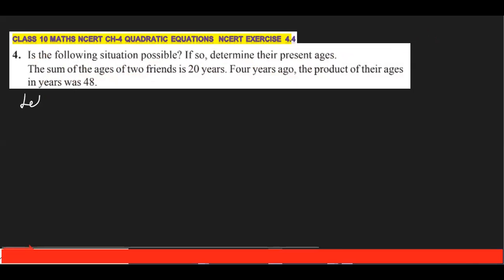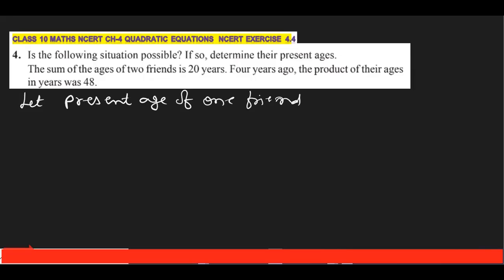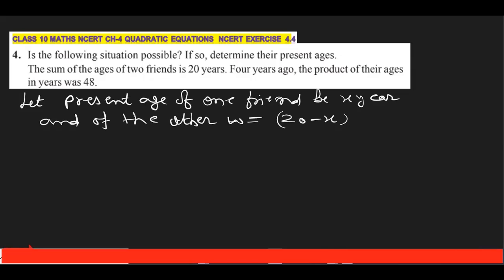So let the present age of one friend be X years and that of the other be 20 minus X years, because the sum of both is 20 years. If one friend is X years, the other friend is 20 minus X years.